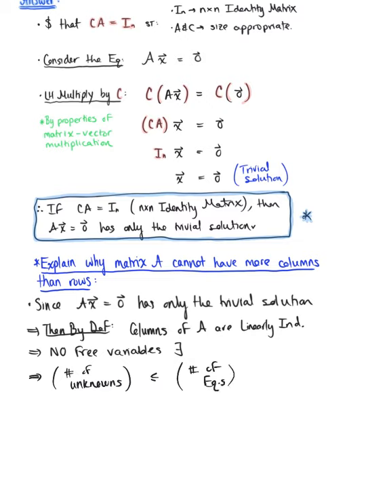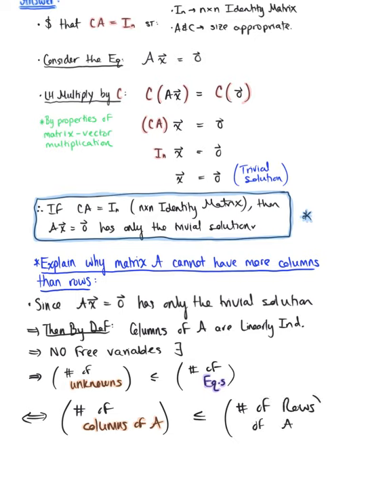So what's another way to refer to the number of unknowns and the number of equations? This is equivalent to saying that therefore the number of unknowns, or number of columns of matrix A, must be less than or equal to the number of equations, or number of rows of matrix A. So therefore, we have shown why if the homogeneous equation has only the trivial solution, then matrix A cannot have more columns than rows, because the columns of matrix A are linearly independent.